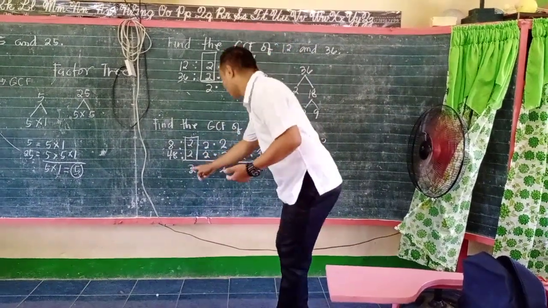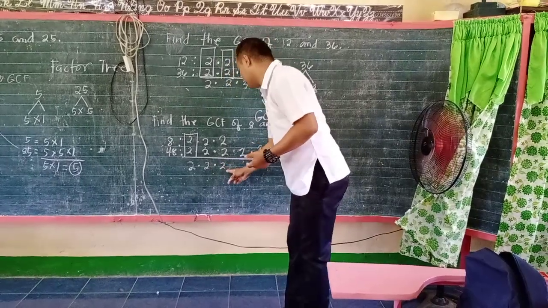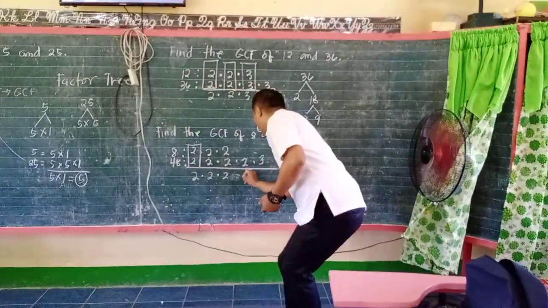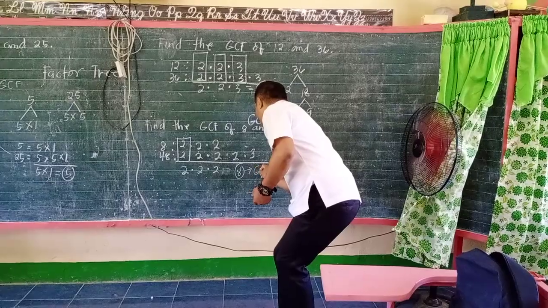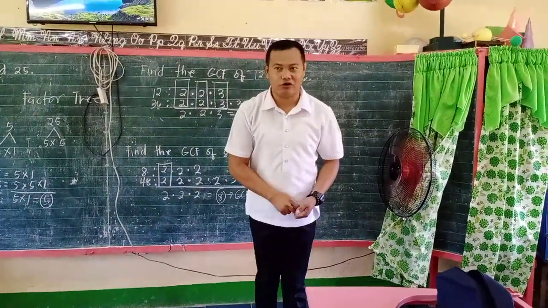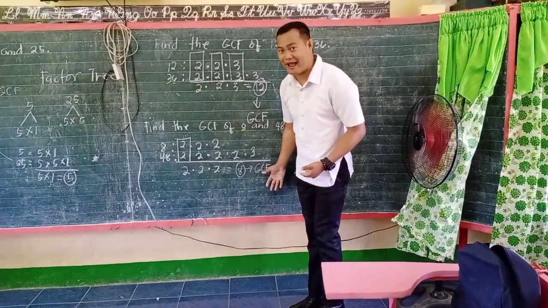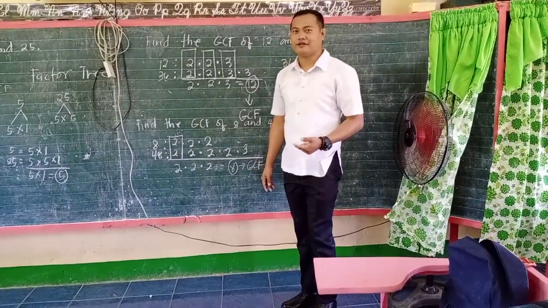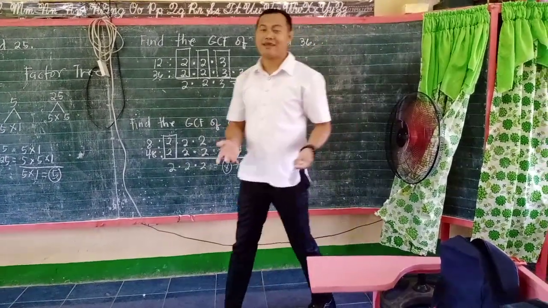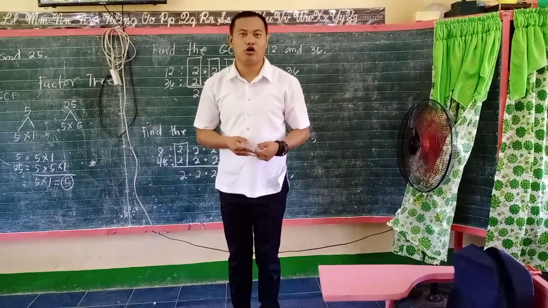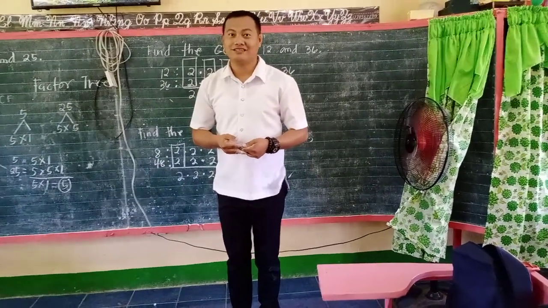No more. So 2 times 2 is 4 times 2 is 8. Therefore, 8 now is the greatest common factor. Did you get it? Do you have the same answer as my solution? Very good. So there you have, again, our greatest common factor, or what we call the GCF.